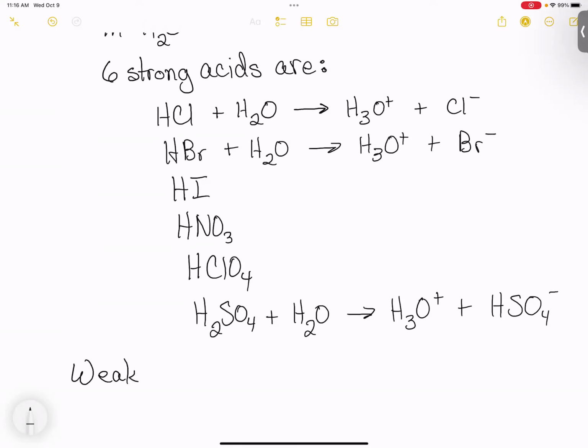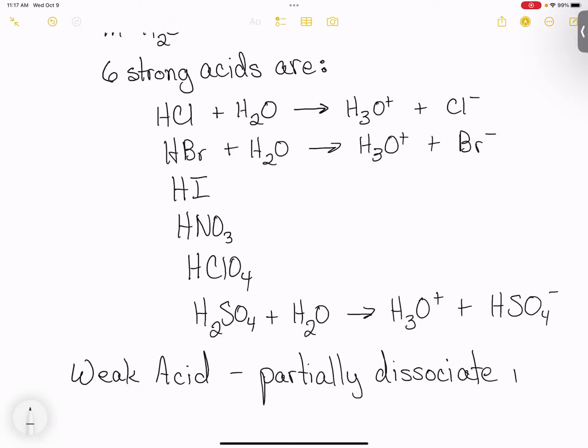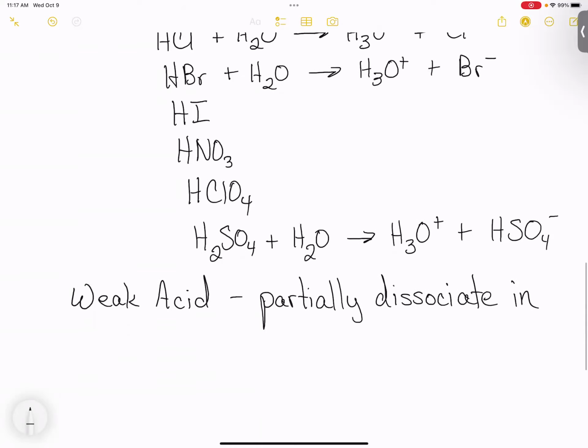If it is not a strong acid, it is a weak acid. Weak acids partially dissociate in water to set up an equilibrium.